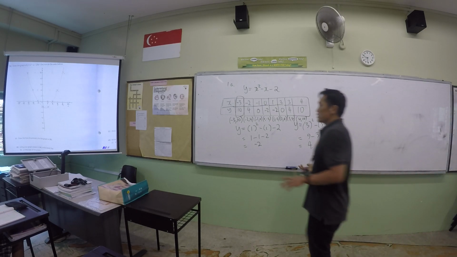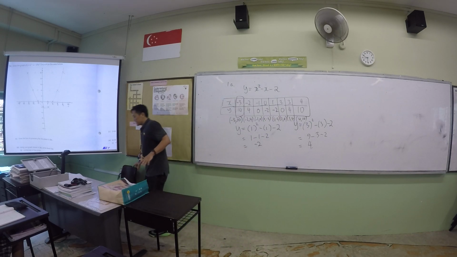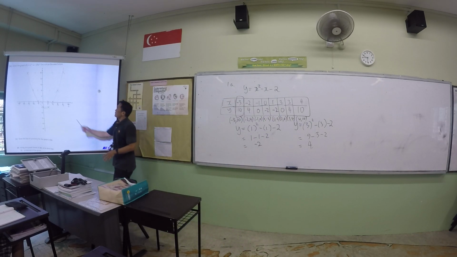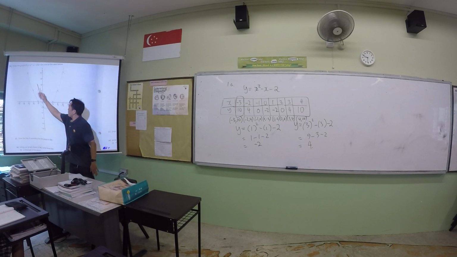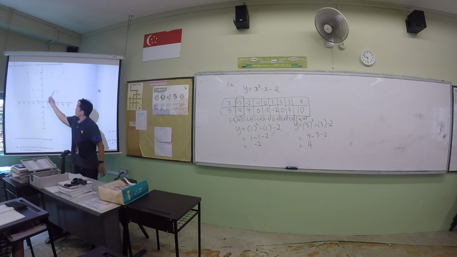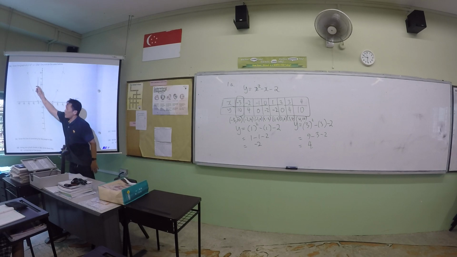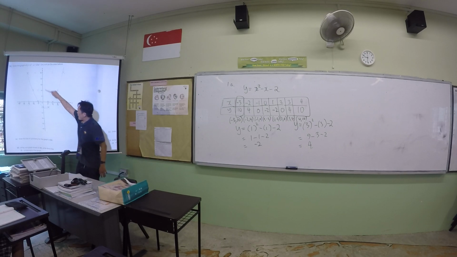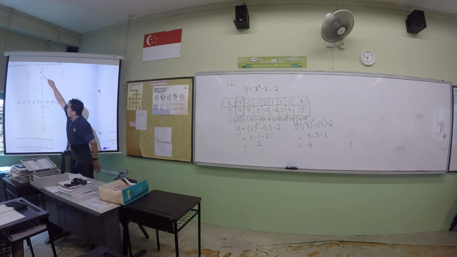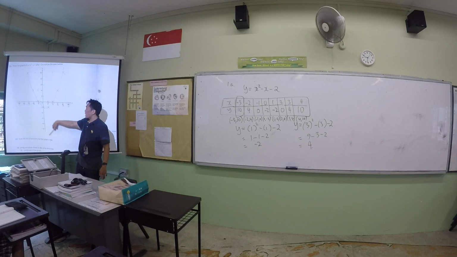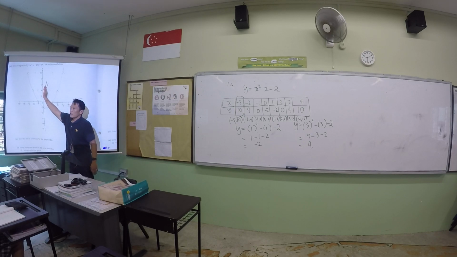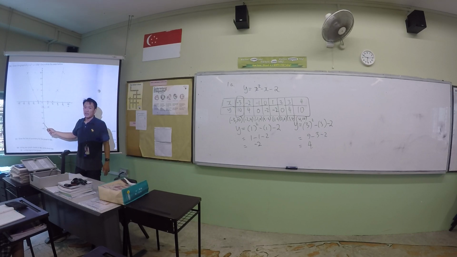So in this case, you can see that the graph is reflected left and right. These points are symmetrical about a straight line. There is a mirror passing straight in between the graph.